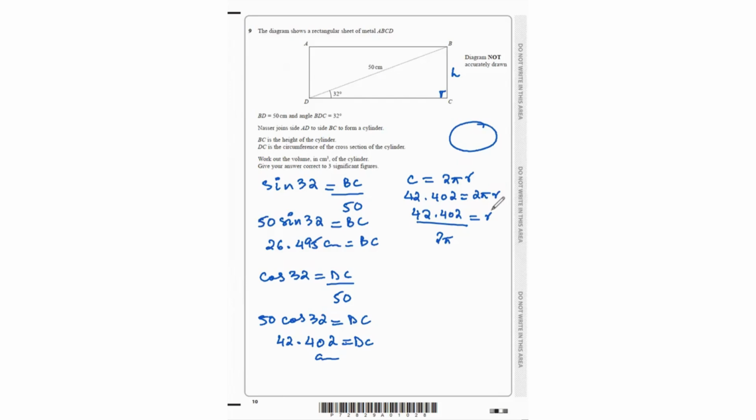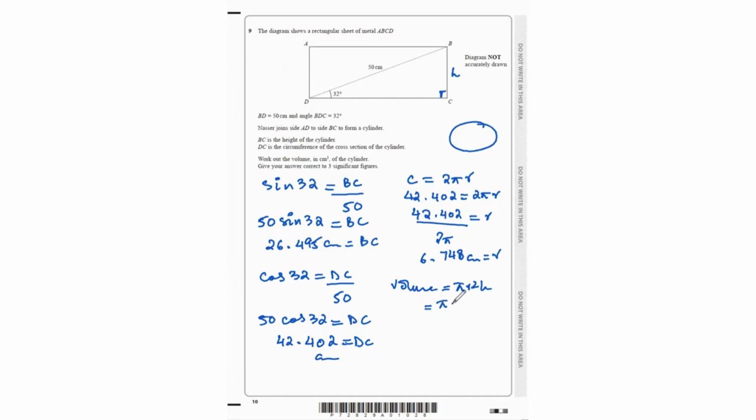So 42.402 divided by 2 divided by pi. That's going to be 6.748 centimeters. That's the radius. So now volume is going to be pi r square h.